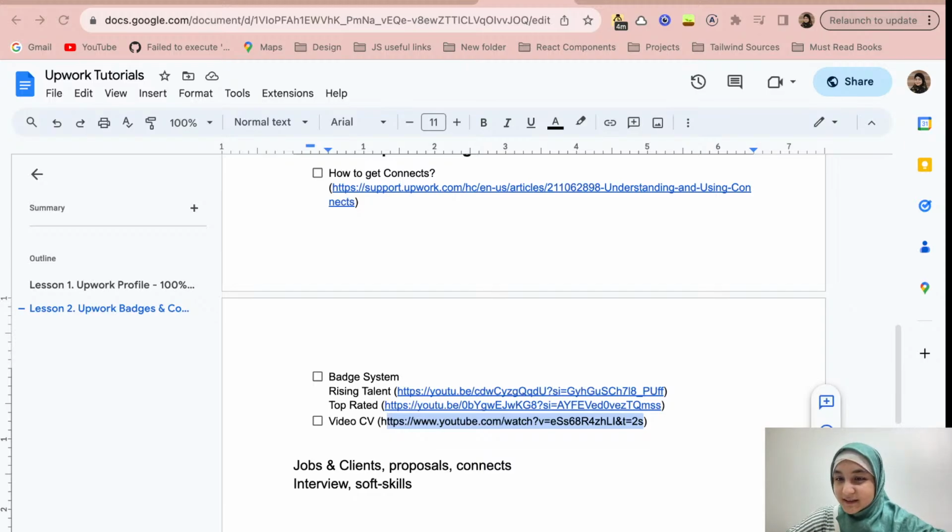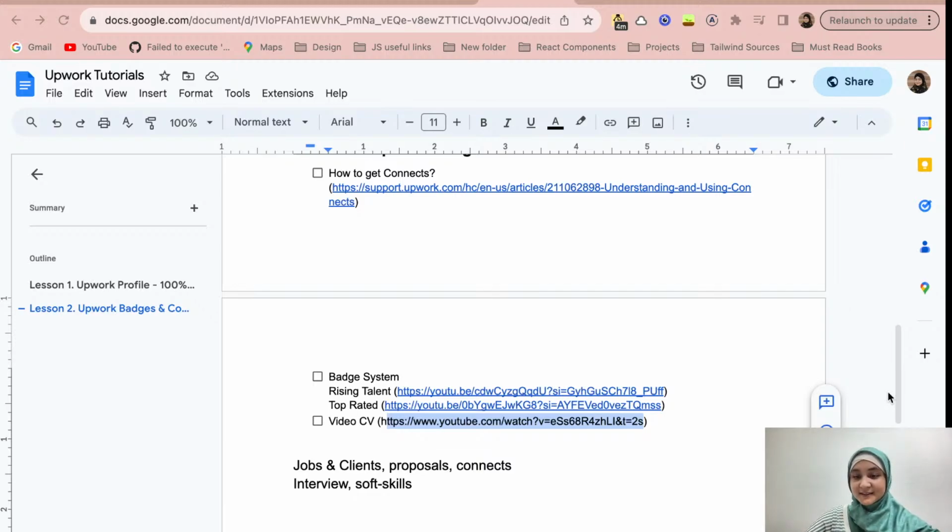The next question: how important is job success score? It's pretty important, I would say. As you can see, all the official badges require you to have a job success score. It's in all of the requirements.